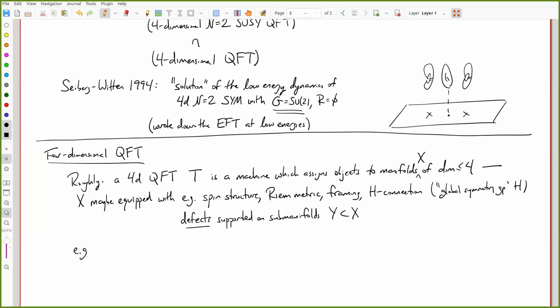So for example, and this is the main thing that we'll use today, the object that we assign to a manifold X, I'll call ZT of X. You might have X as a closed four manifold, so a compact four manifold without boundary. Then ZT of X is just a complex number.